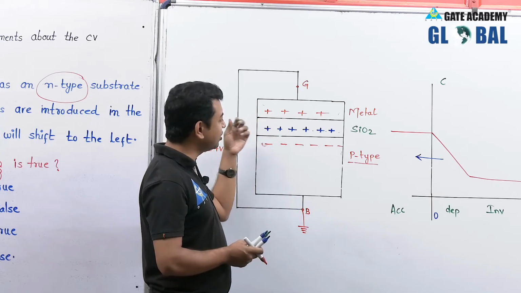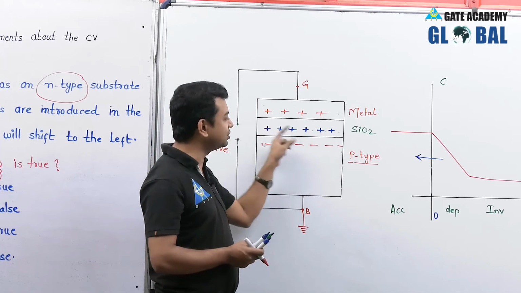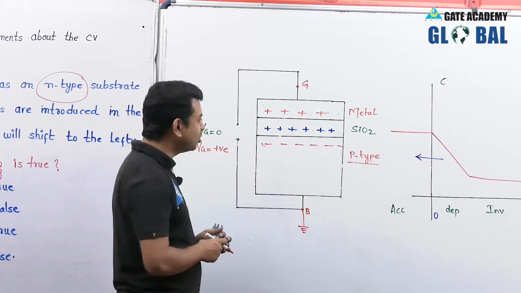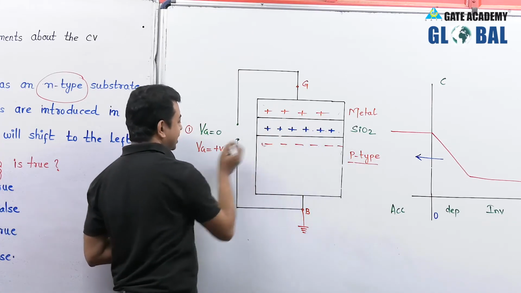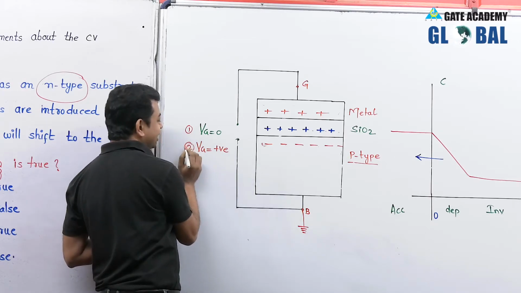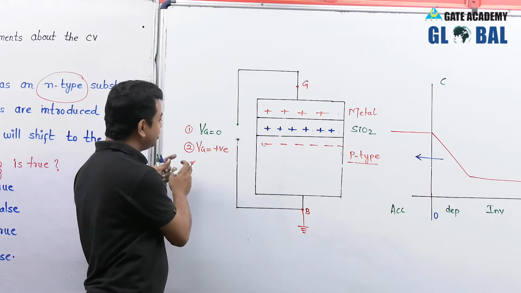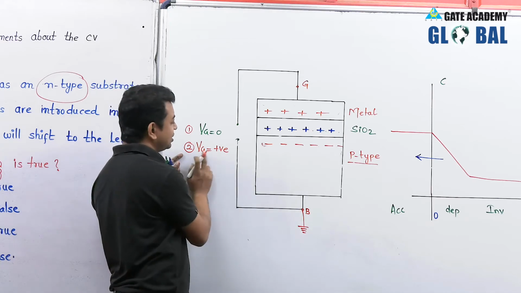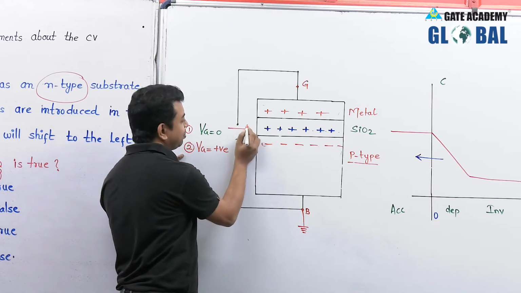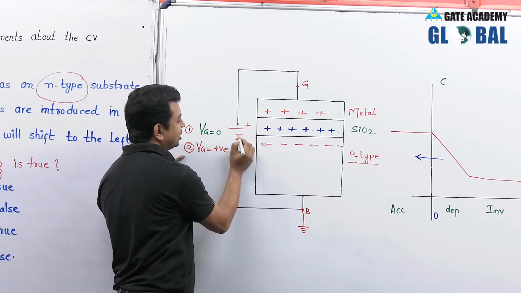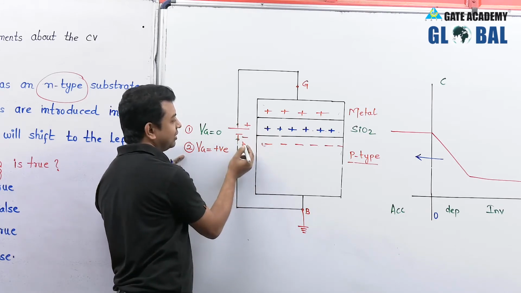In the other case, it does not have any positive or negative charges. So how are these positive charges introduced in the metal side compensated? Due to the presence of positive charges at the gate voltage, which is our operation, we are applying a positive voltage.